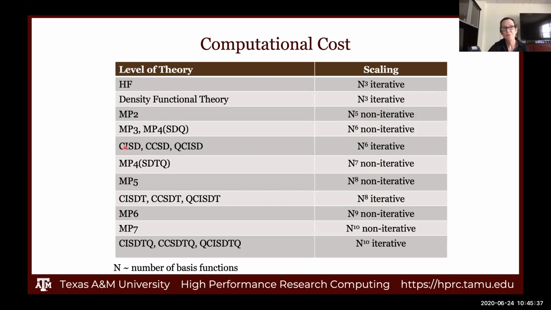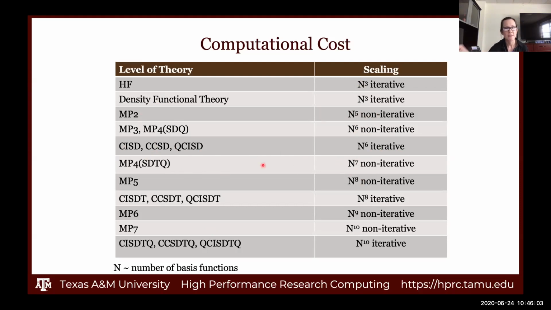Then you go to configuration interaction and coupled cluster, and you're n to the 6th iterative. So you also have to deal with the fact that you have to get convergence, so it has to go through cycles, and you have to wait for it to converge. Full MP4 is n to the 7th. CCSD(T) falls somewhere in this area.